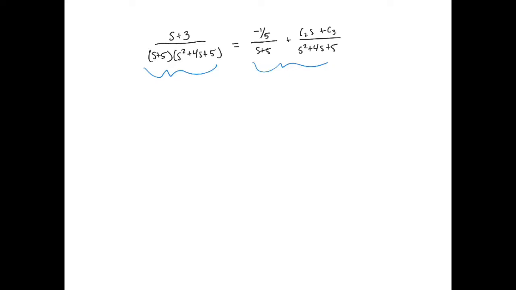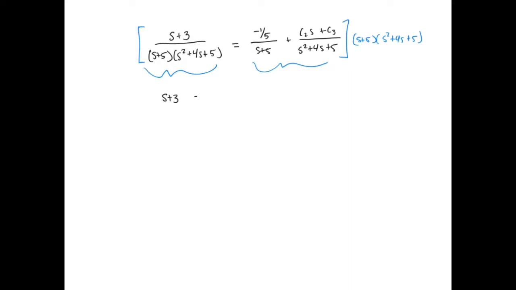So what we do is we multiply the entire equation by the denominator, (s + 5)(s² + 4s + 5). And what we're left with is, on this side, we just have s + 3, because this entire denominator cancels with that.